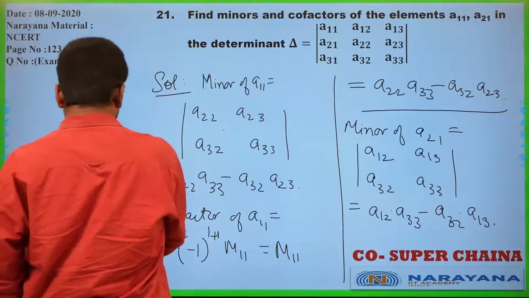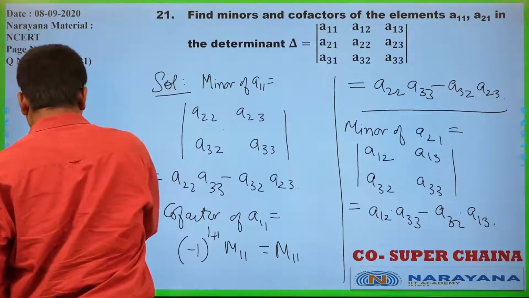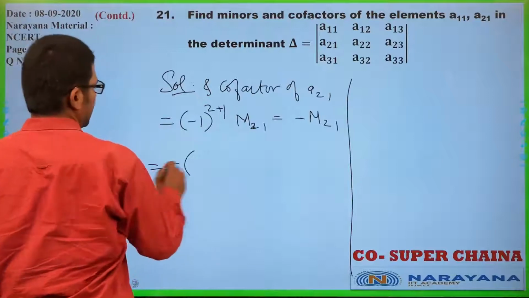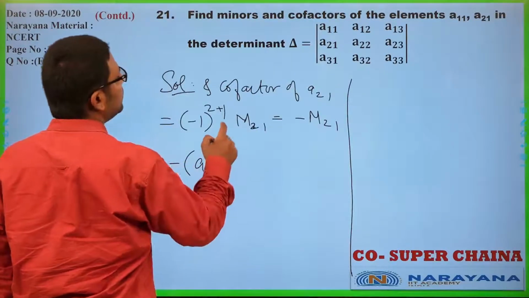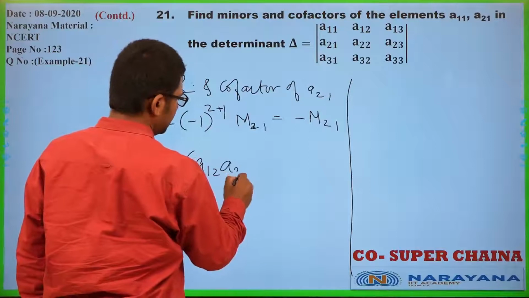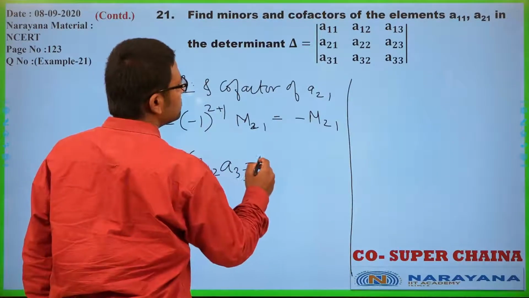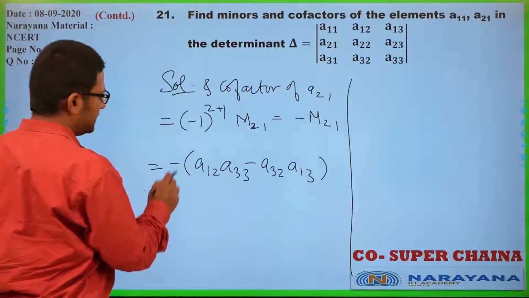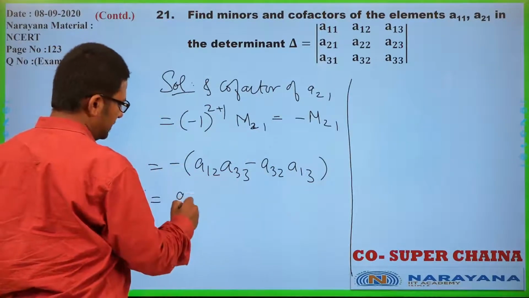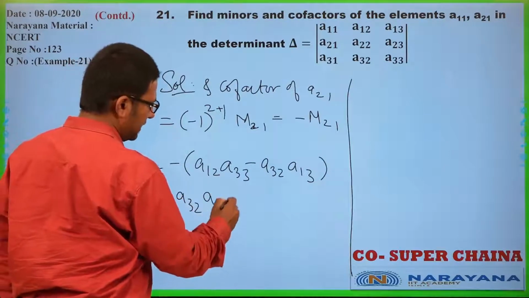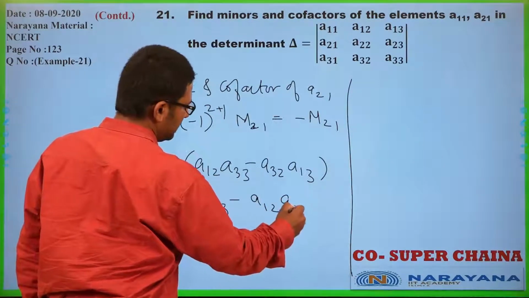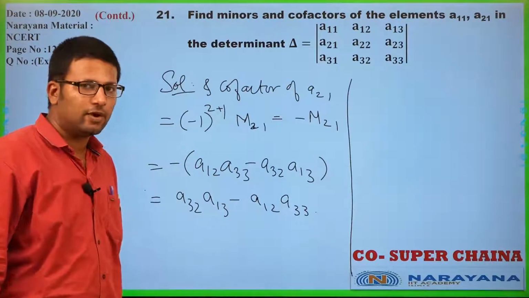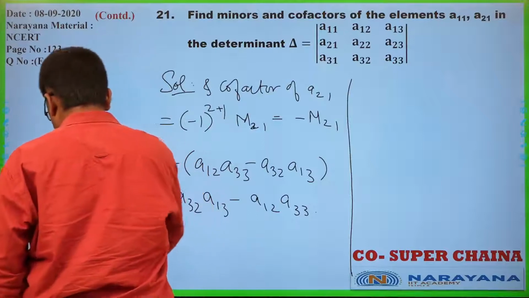Okay, so minus of A12 A33 minus A32 A13, right? Take the minus inside, this becomes positive. So A32 A13 minus A12 A33. Okay, that is the cofactor of element A21. Alright. Okay, let us proceed then.